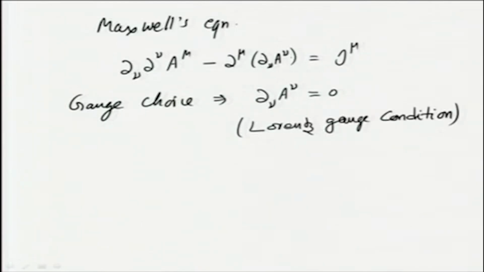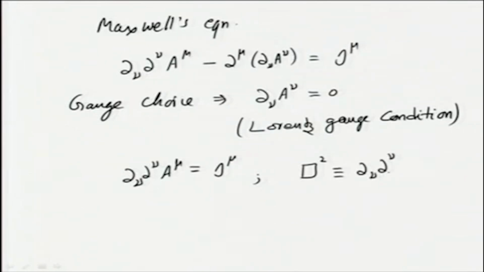In that case, the second term from the Maxwell's equation drops out, and then we have dou nu dou nu A mu equal to J mu, or in a slightly more compact way we can write it as box square, which is equivalent to dou nu dou nu, where nu is summed over, and in that case I can write box square A mu equal to J mu, a slightly neater way of writing it, meaning the same thing in any case.